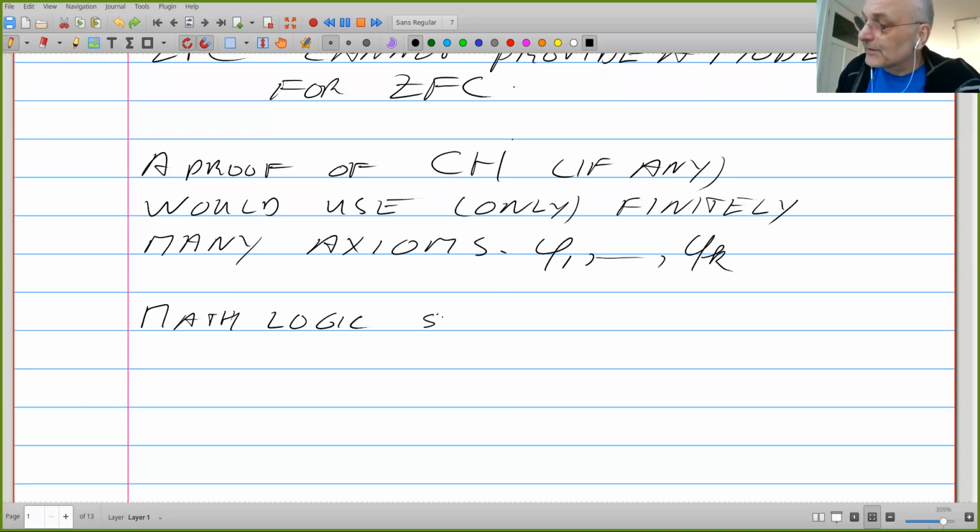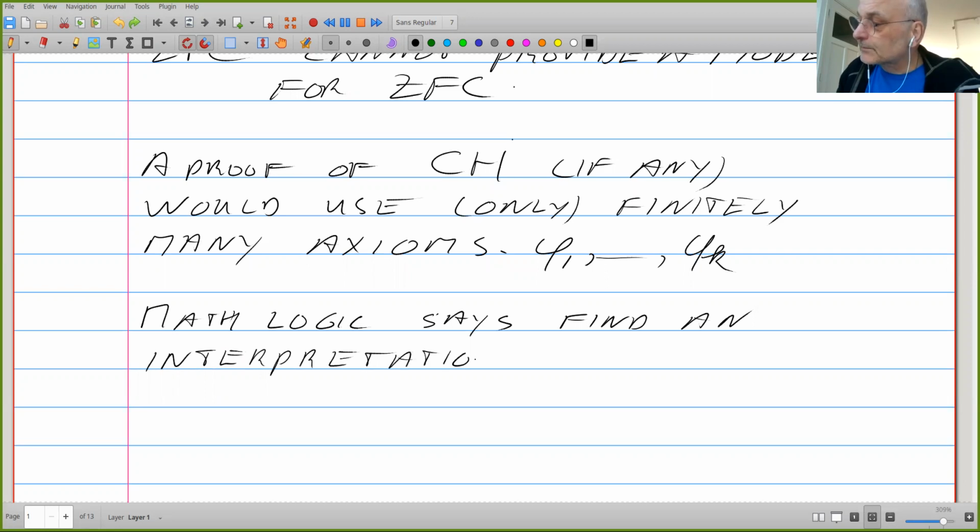Math logic says if you want to defeat your proof, find an interpretation, and I'm very careful now, I don't say model, of the language of set theory.